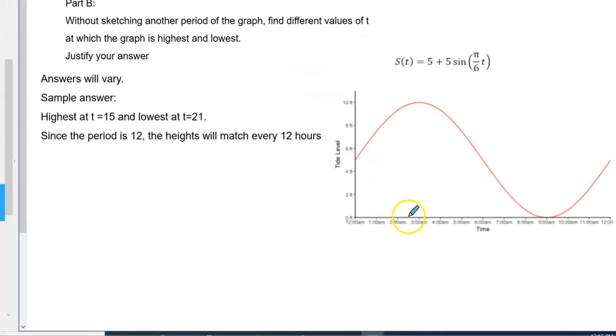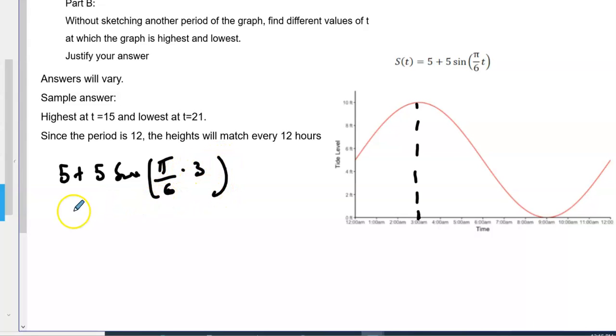Now, we know that the function had its highest value when t was 3. That is, if we have 5 plus 5 sine pi on 6 times 3, this is going to give us 5 plus 5 sine of pi on 2.